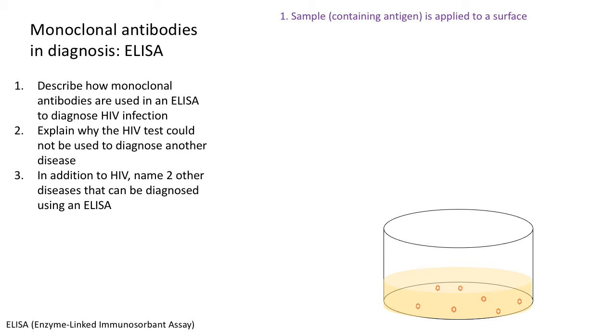It's applied to the surface and it sticks to the surface. And then what happens is this. Any unattached antigens are washed away. Obviously there's going to be many other proteins in the sample that are going to attach, but we're just interested in the HIV. The next step is this.